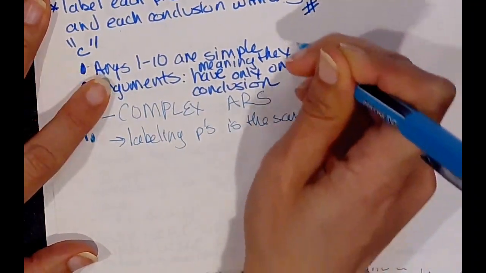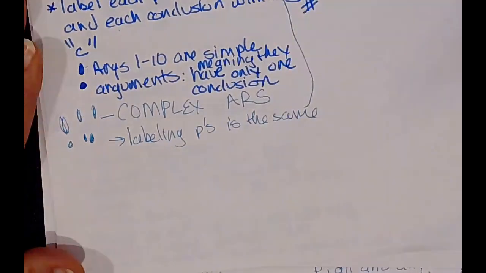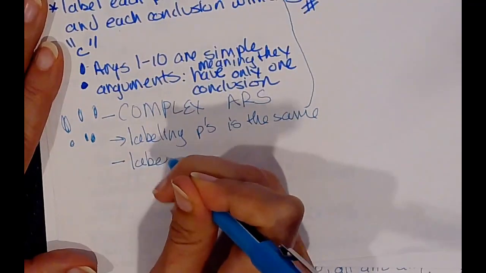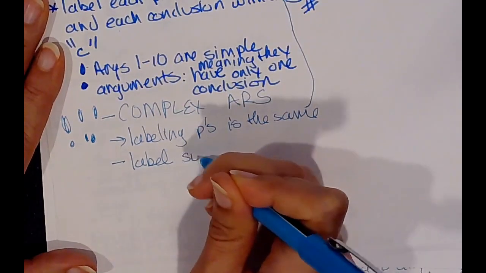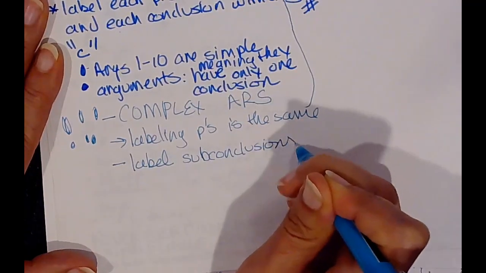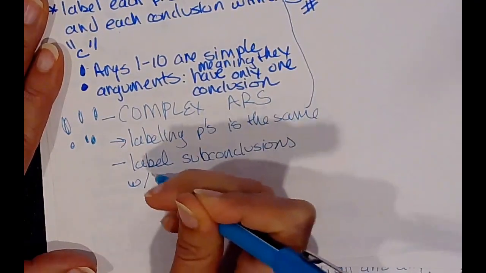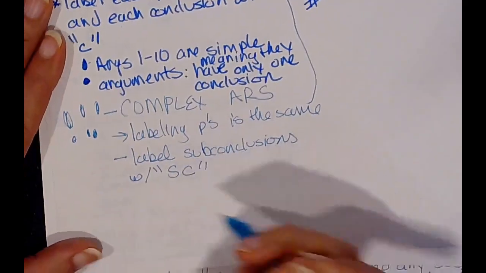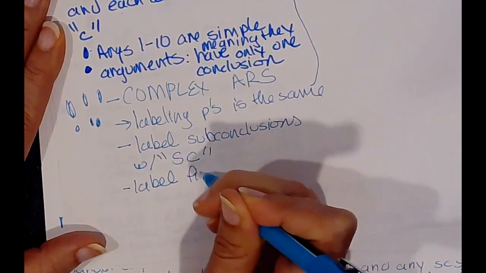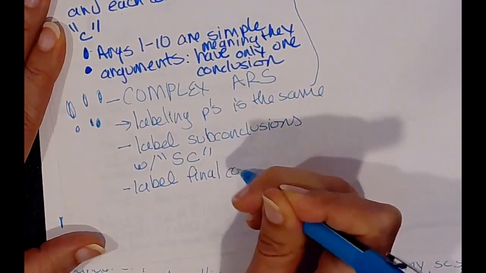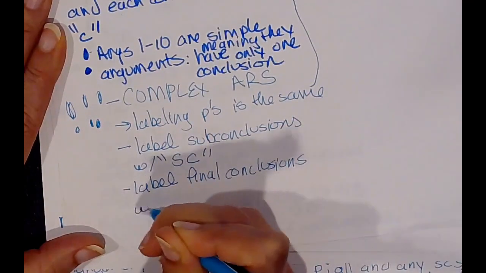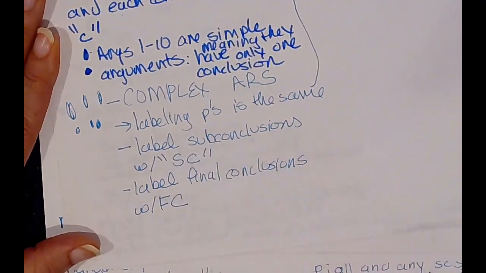But now you will label subconclusions with SC, and you will label final conclusions with FC.